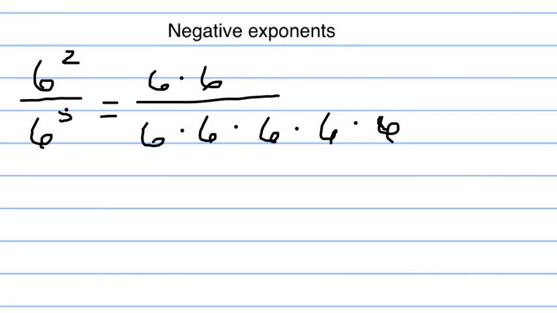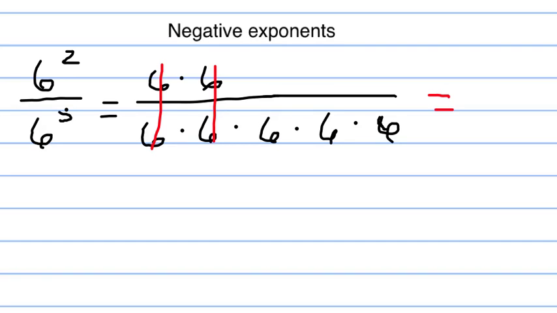Okay, let's go back to our negative exponents, and we're going to look at why and how we write negative exponents. In this example, I have 6 squared divided by 6 to the 5th power. When I expand those out and start dividing, you see that I have 6 divided by 6, 6 divided by 6, but now I have 3 6s left in the bottom.